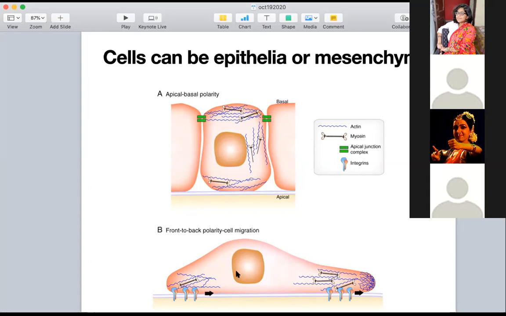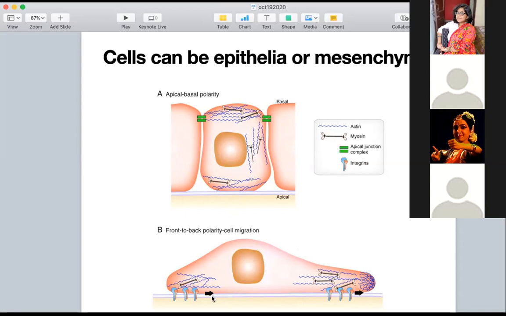They don't have an apical basal polarity, and they have this kind of organization of actin and myosin, so that actin is generally concentrated on the leading edge of the mesenchymal cell if it migrates, and the mesenchymal cell will make attachments to the substrate using integrins.